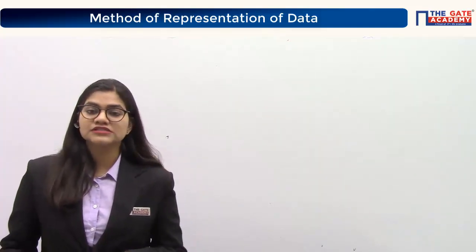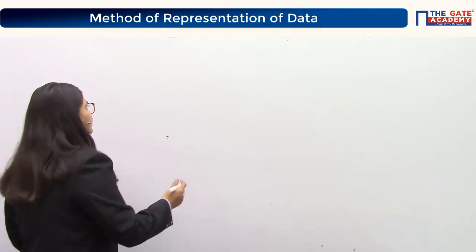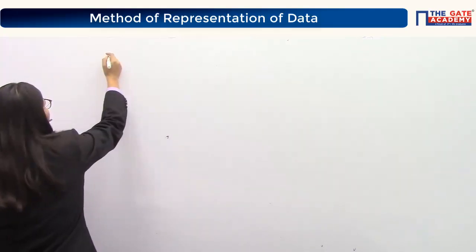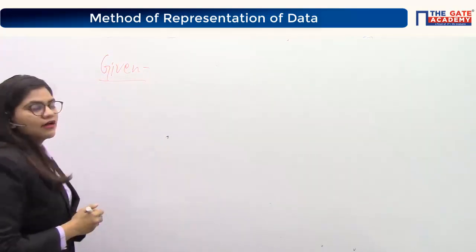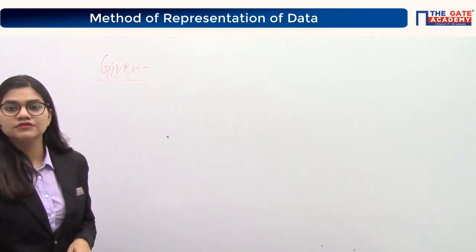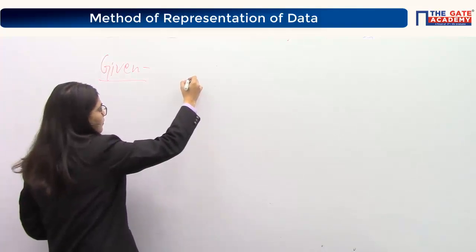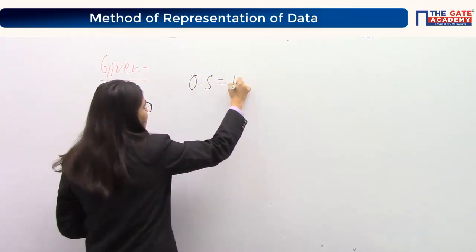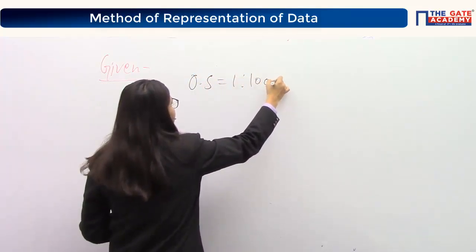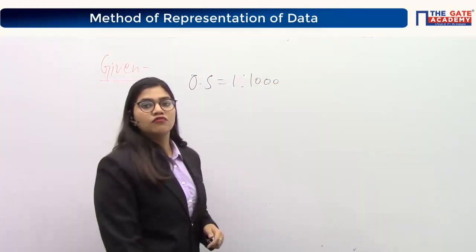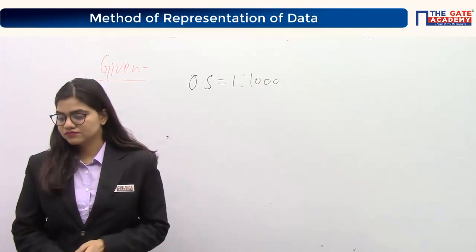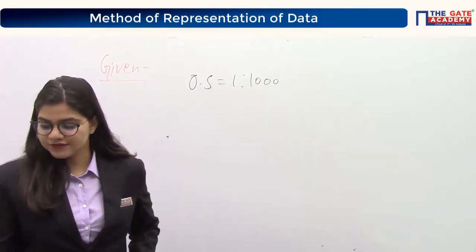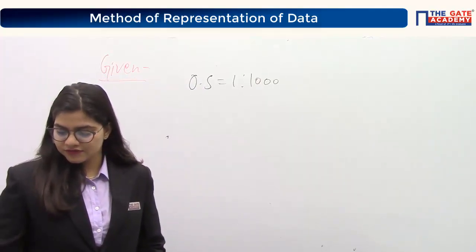The original scale of the plan is 1:1000. What is the revised scale?